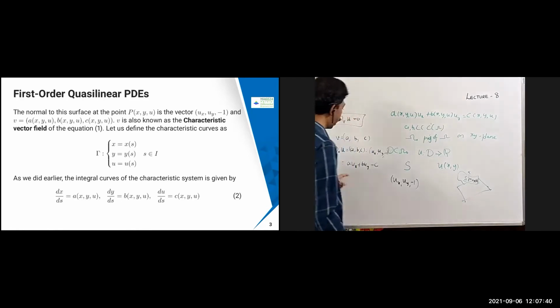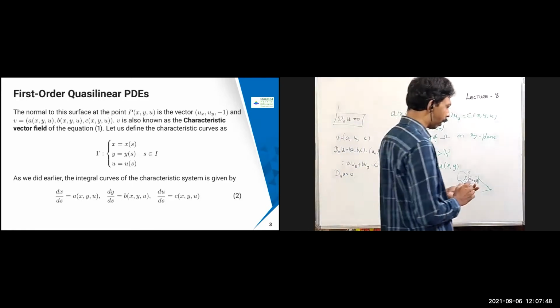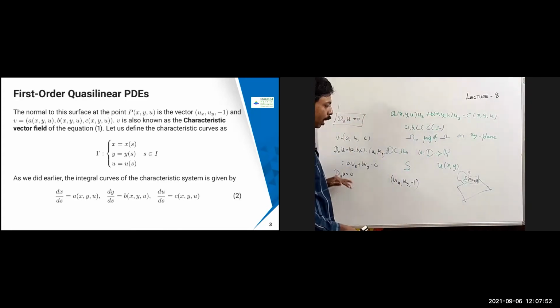So if I make D_v u equal to 0 in the same way, automatically we get the solution. The method of characteristics we are going to apply here. This v is called the characteristic vector.